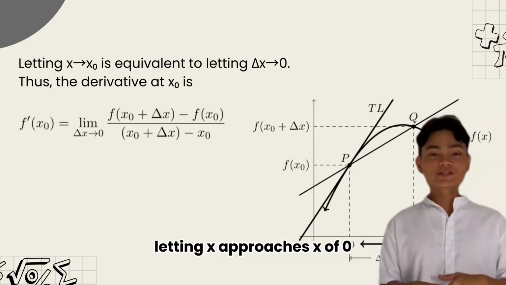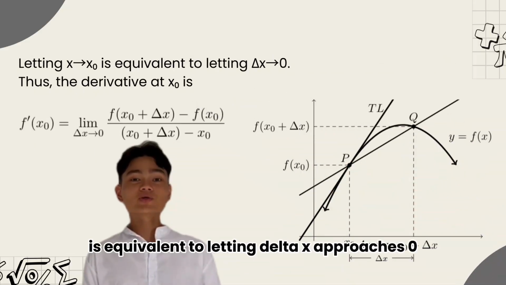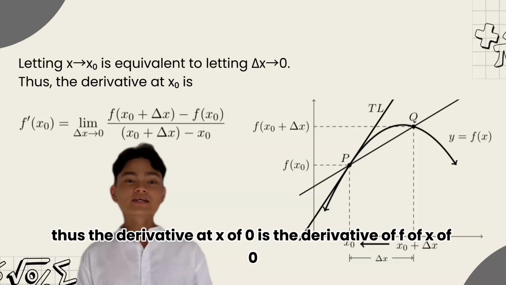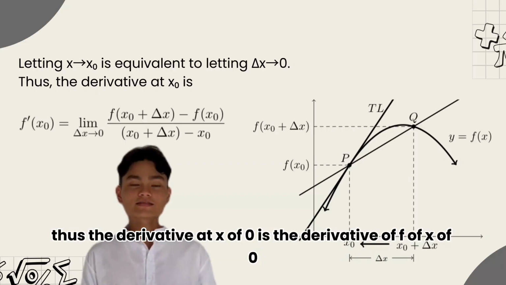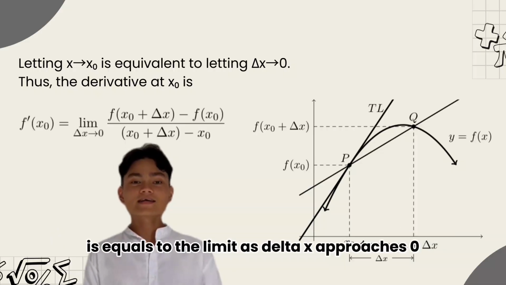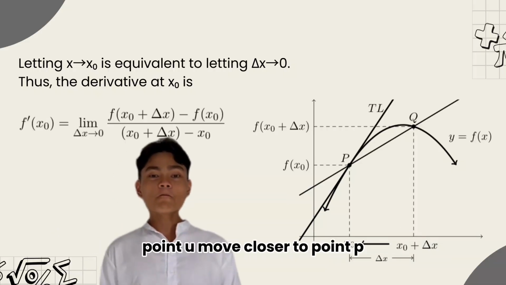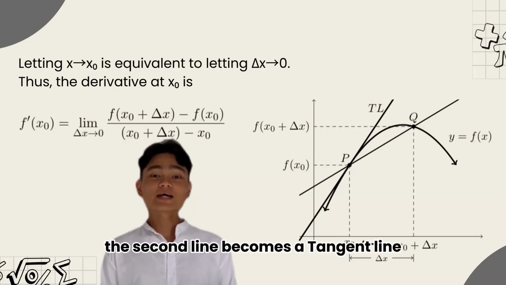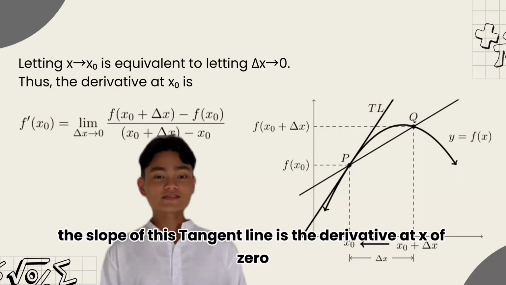Letting x approach x sub 0 is equivalent to letting delta x approach 0. Thus, the derivative at x sub 0 is the limit as delta x approaches 0, and point Q moves closer to point P. The second line becomes a tangent line. The slope of this tangent line is the derivative at x sub 0.